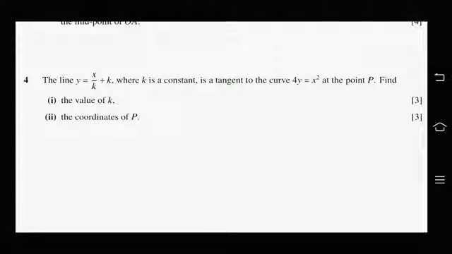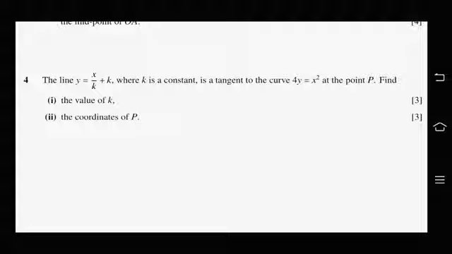Next question: the line y is equal to x by k plus k, where k is a constant, is a tangent to the curve y is equal to x squared by 4 at the point P. So the point of contact of the curve and the straight line is P. Our first question is to find the value of k, and the second one is the coordinates of P, which is the point of contact.